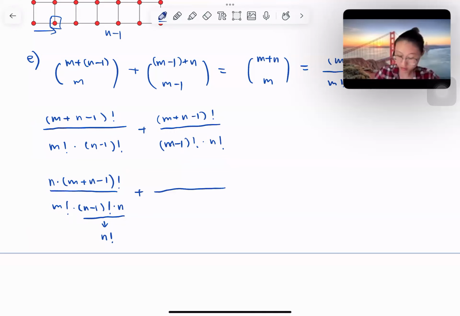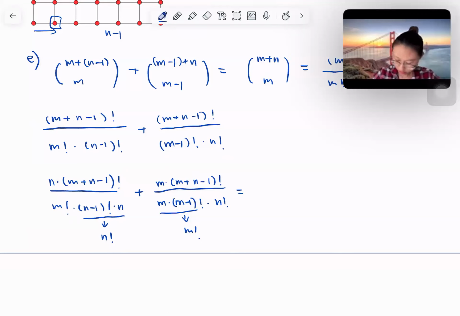And similarly here, we multiply by n. This part will become n factorial times n plus n minus 1 factorial. And these two added together will be n factorial times n factorial.